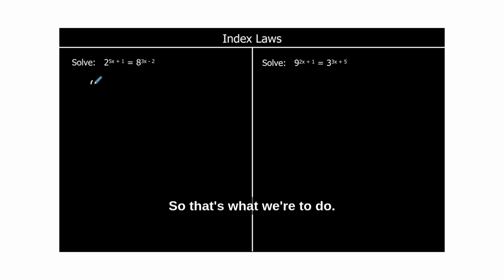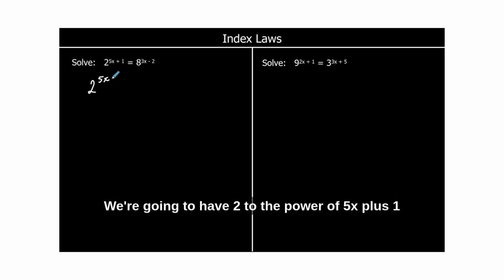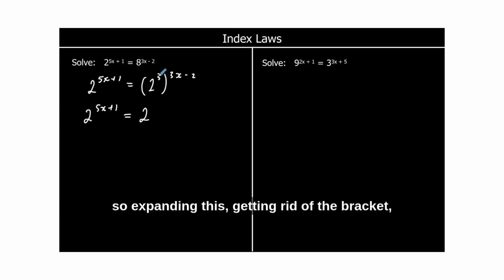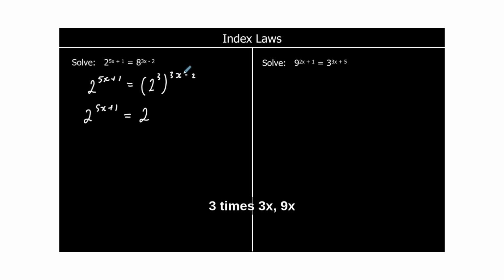So we're going to have 2 to the power of 5x plus 1 equals 2 cubed, to the power of 3x minus 2. So 2 to the power of 5x plus 1 is equal to 2 to the power of, expanding this, getting rid of the bracket, 3 times 3x, 9x, 3 times negative 2, negative 6.